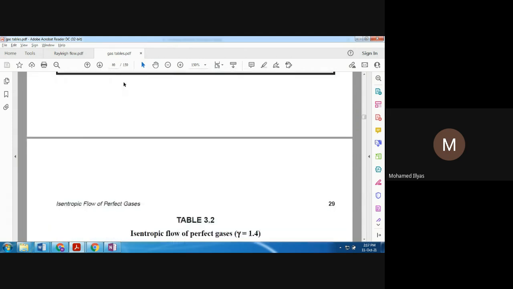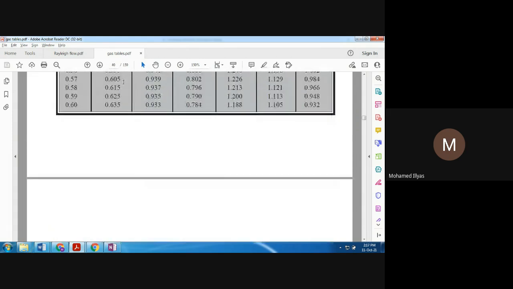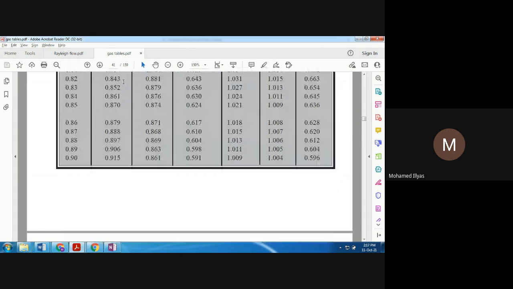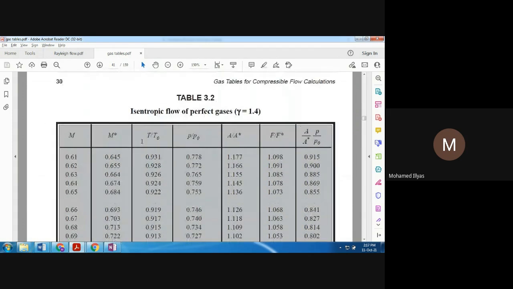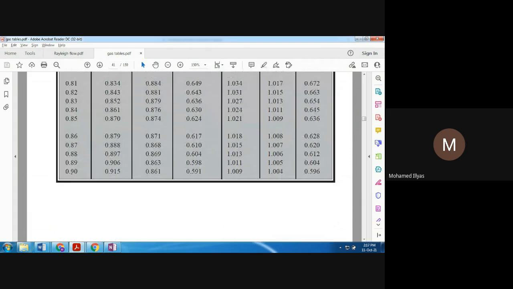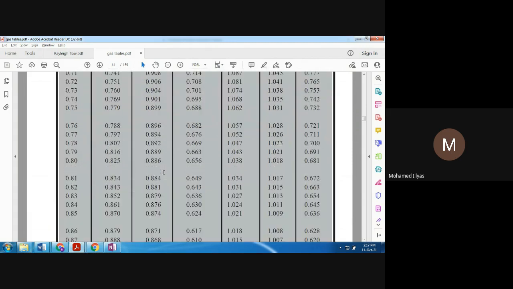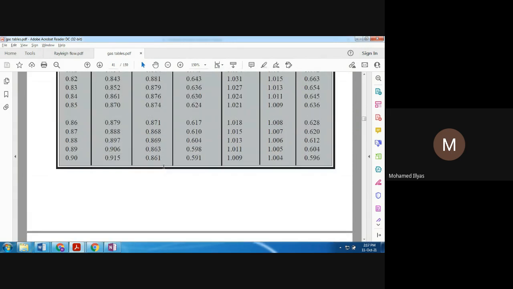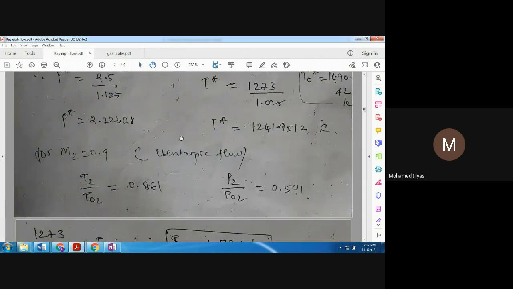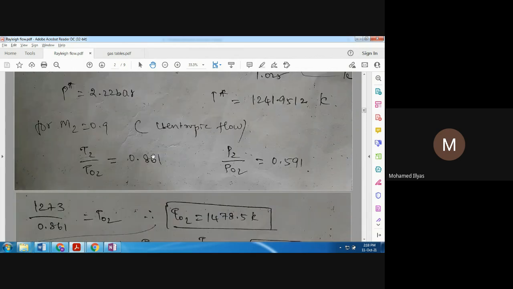We need M2 as 0.9. For M2 0.9, the second and third columns give 0.861 as T by T naught and 0.591 as P by P naught. So T2 by T naught is 0.861 and P2 by P naught is 0.591.